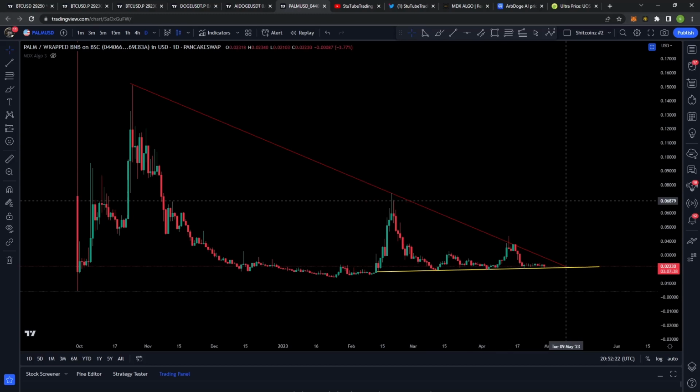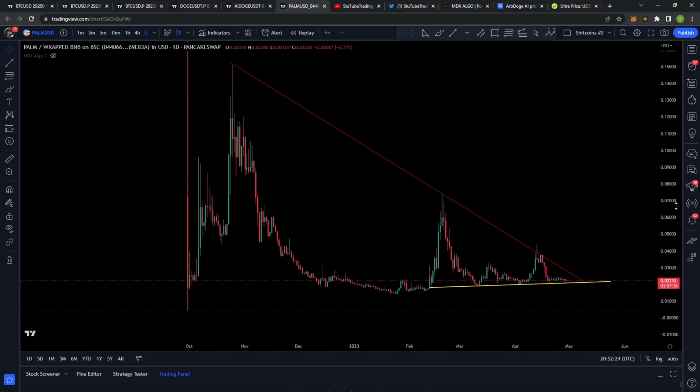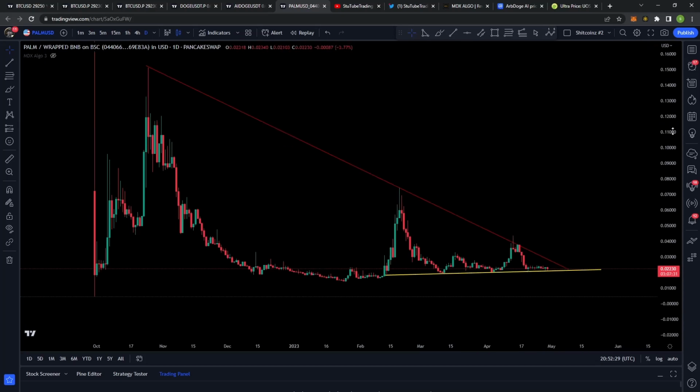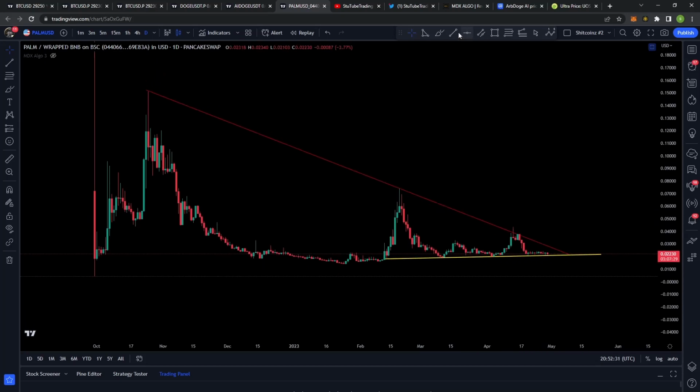Palm Swap, a few people have been asking me about lately, so I wanted to touch on that today also, actually. One thing I do like about Palm Swap is it's in a very large triangle right now, coiling up. We've got some nice touch points here, and I mean, a breakout of that triangle could be absolutely massive.